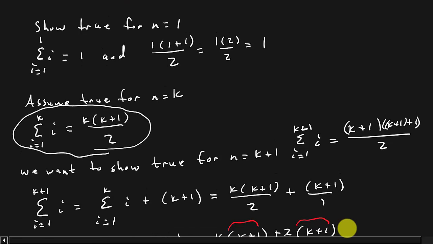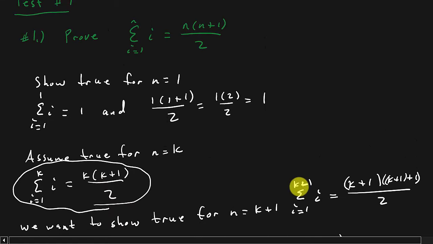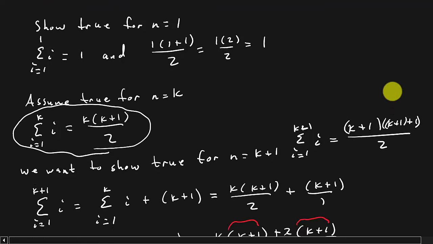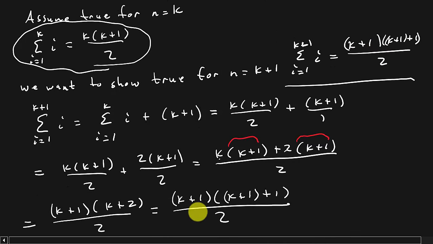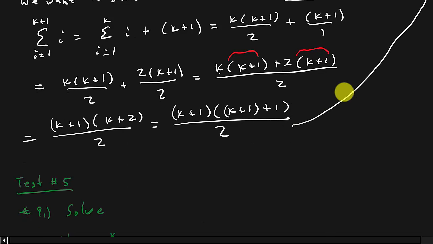What I did here is replace the n's with k plus 1. I should have written this first, and I just didn't. But this is what we want to prove. And so you go through all this, and you can see that we ended up with that. All right.